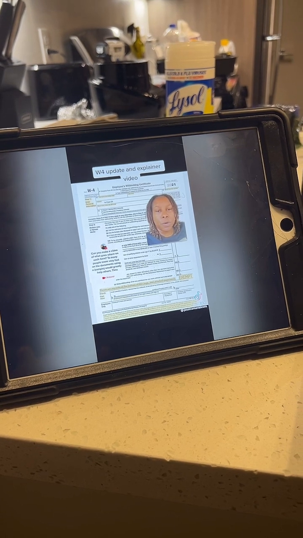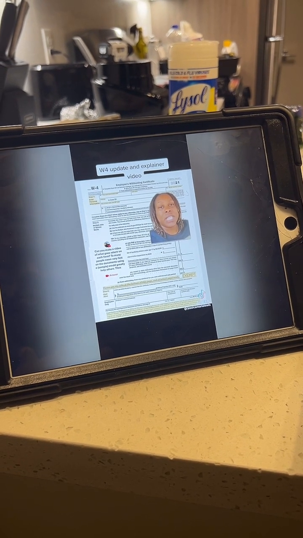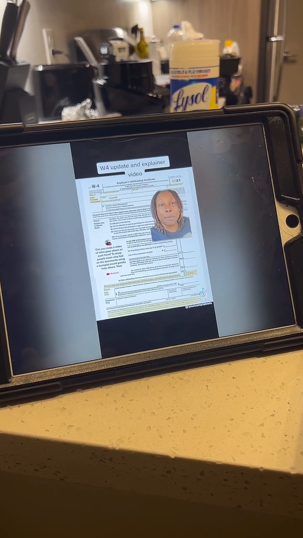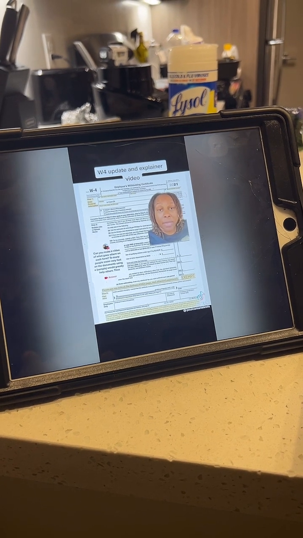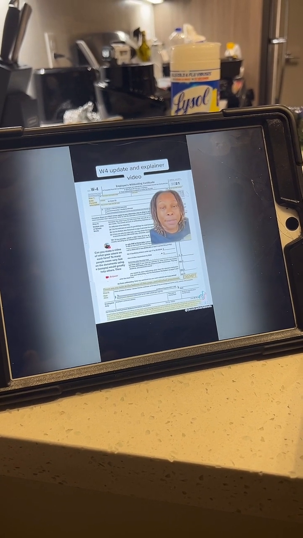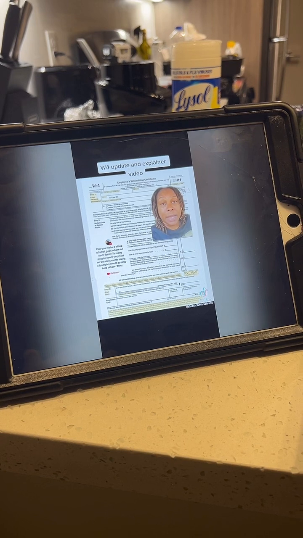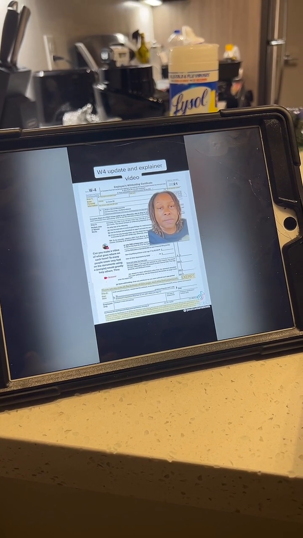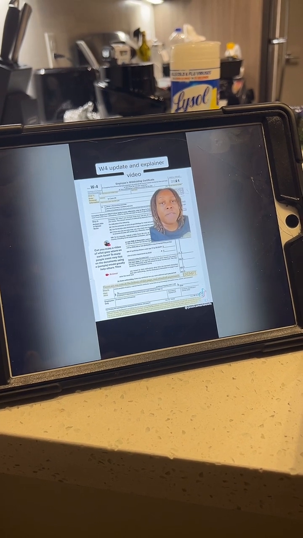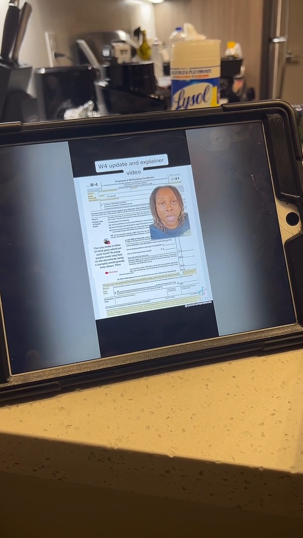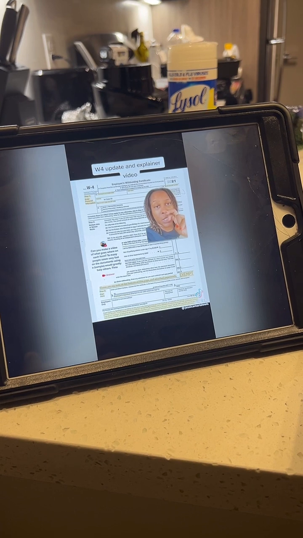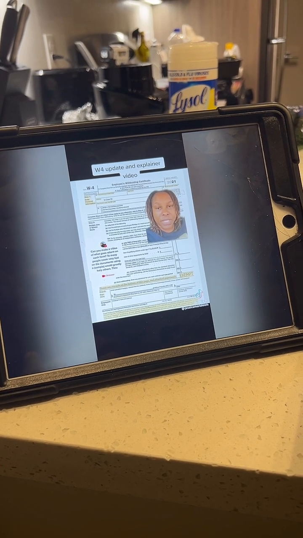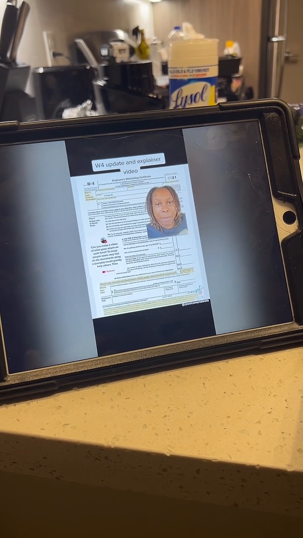So W-4s are whistleblower forms that are designed to get the IRS to go financially audit people who claim that you have to pay their bills, or you're paying bills and they have not reported that income. So it's a whistleblower form. So whatever the value is, based either on your fee schedule, if you have a fee schedule, or the value of that account of payments you made, credit that they claim was extended to you, you're going to put in 4C. You're going to sign at the bottom there.